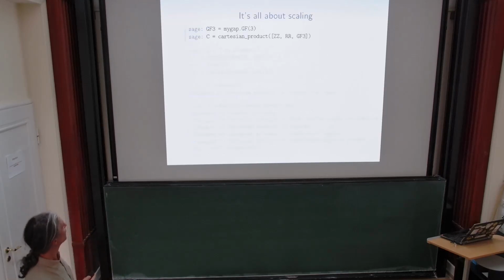And the main thing is about scaling. So let's take an example. I'm taking a finite field, but not the finite field from Sage, the finite field from Gap, actually. And I do the Cartesian product between these. So these are the natural numbers, real numbers, approximation of real numbers, and this finite group from Gap. Sorry, Z are the natural numbers?